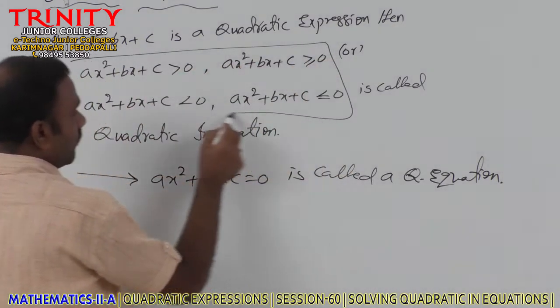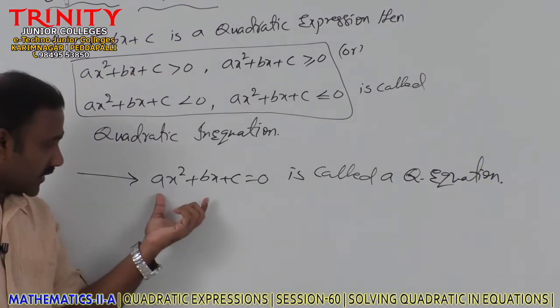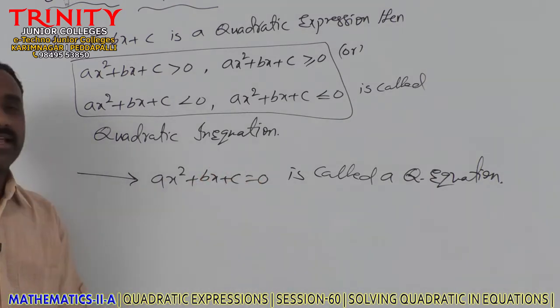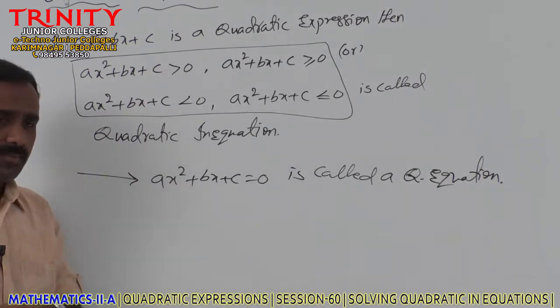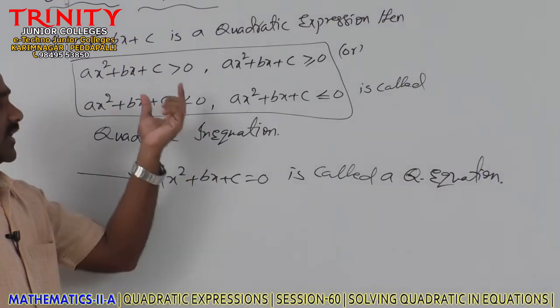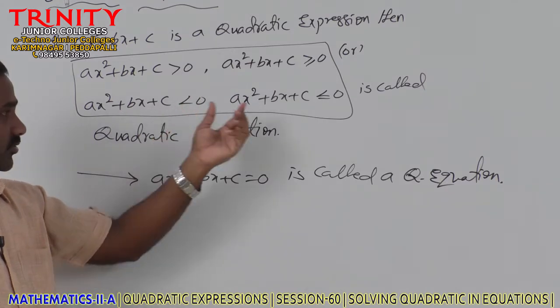Any of these four forms is called a quadratic inequation. We have studied and done so many problems based on quadratic equations and quadratic inequations also.